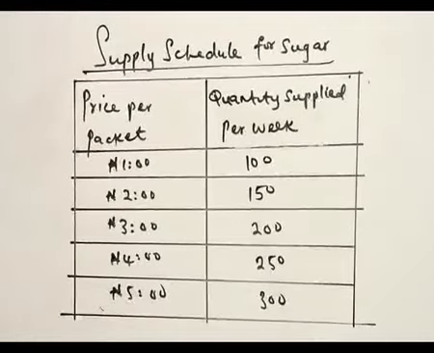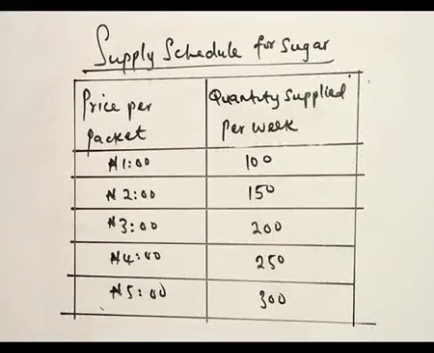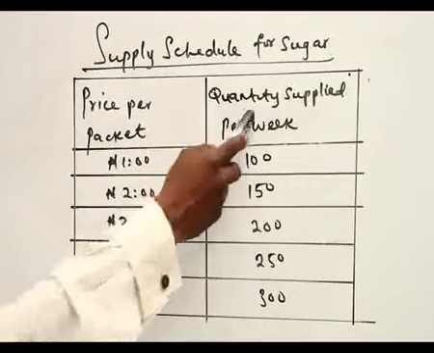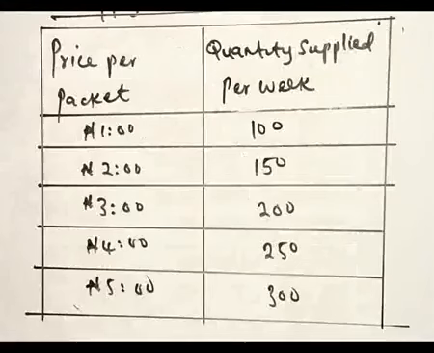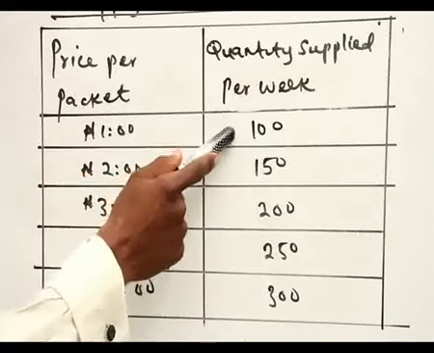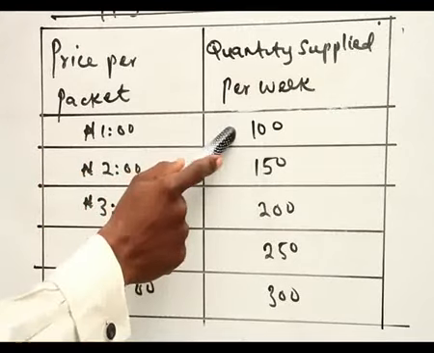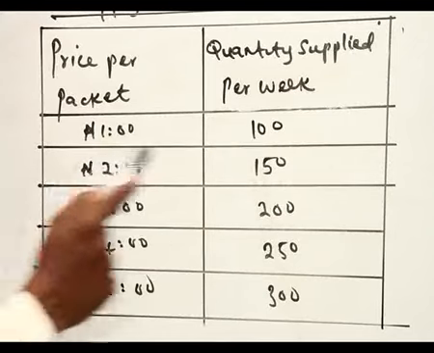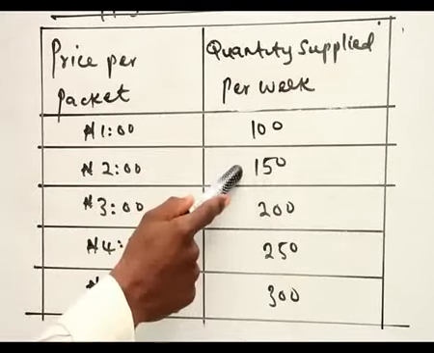Supply schedule for sugar. After defining supply schedule, let us look at this table and what the table is telling us. The table is telling us the price per packet and the quantity supplied per week. When the price is 1 naira, quantity supplied per week is 100. When the price is 2 naira, quantity supplied indicates 150.